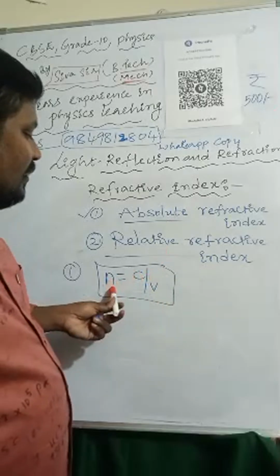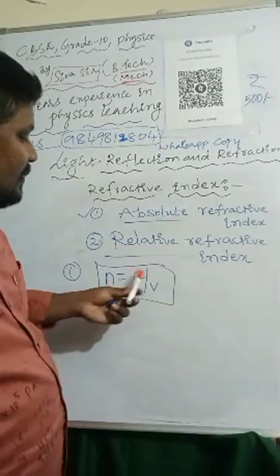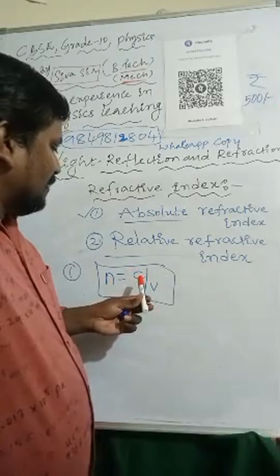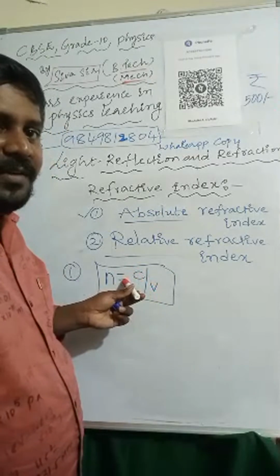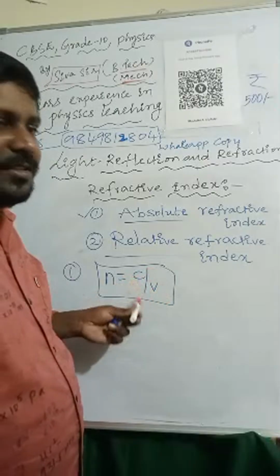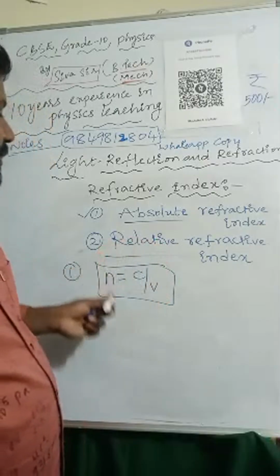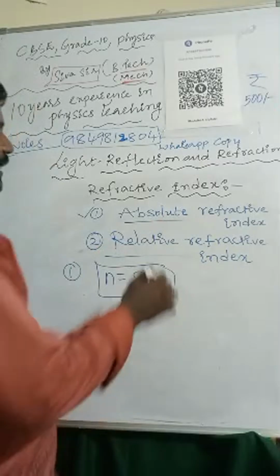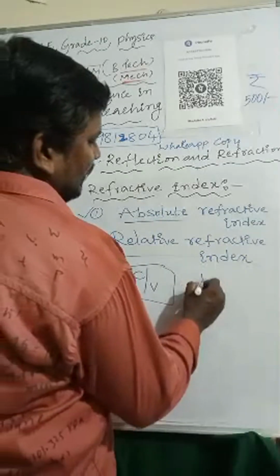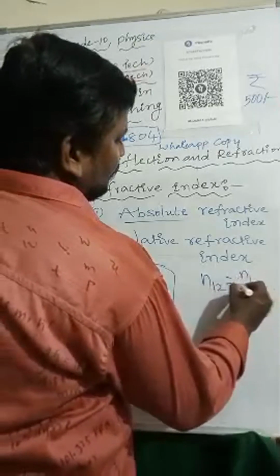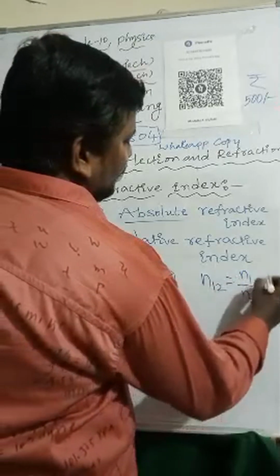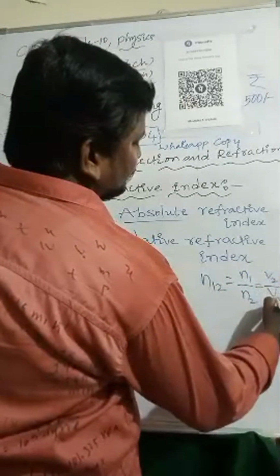Yes. So n equal to c by v: speed of light in vacuum by speed of light in medium, that is called absolute refractive index. Relative refractive index is n equal to n1 by n2, that is nothing but v2 by v1.